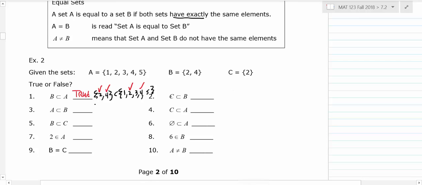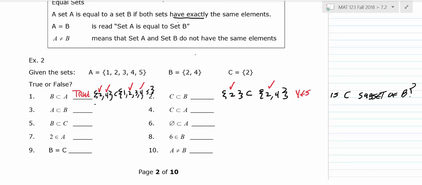So this says, is C a subset of B? True or false. Well, set C is 2. Set B is 2, 4. The way you answer this question, you ask, is this element also in this set? Yes. So that means that is true. That is a subset then. Does that make sense?